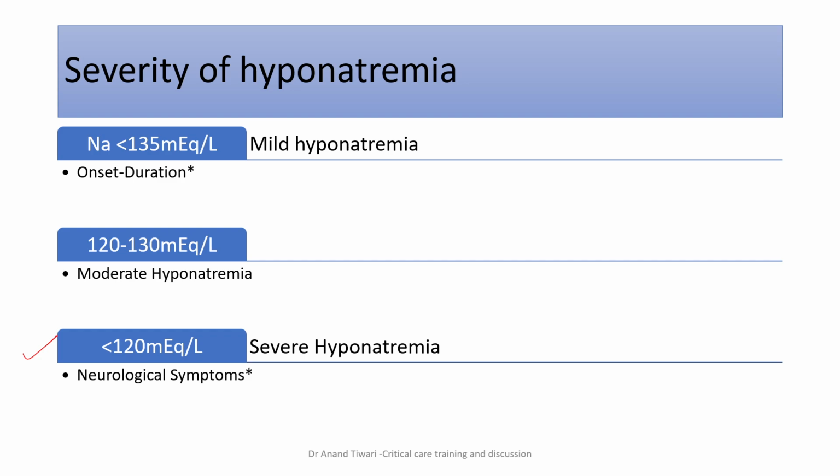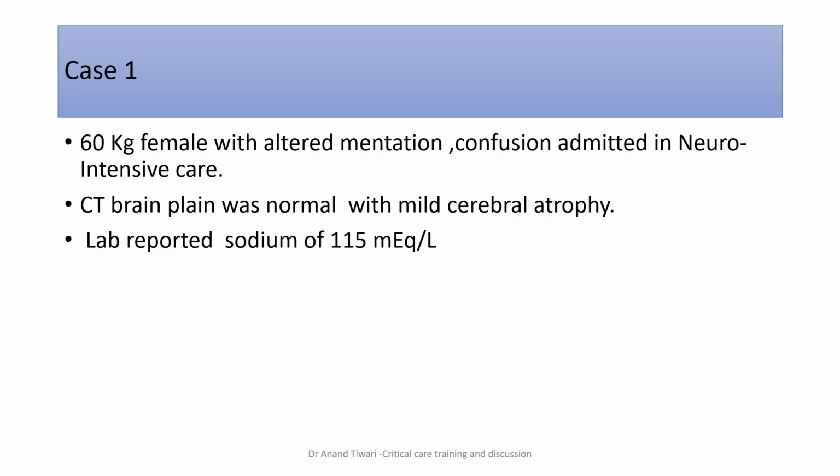The whole important point in understanding is the onset and the duration. How was the onset? Whether it is acute onset hyponatremia, which draws much more attention to treat, or a chronic hyponatremia over a period, that is important to explore from the history. Let's start with the case.